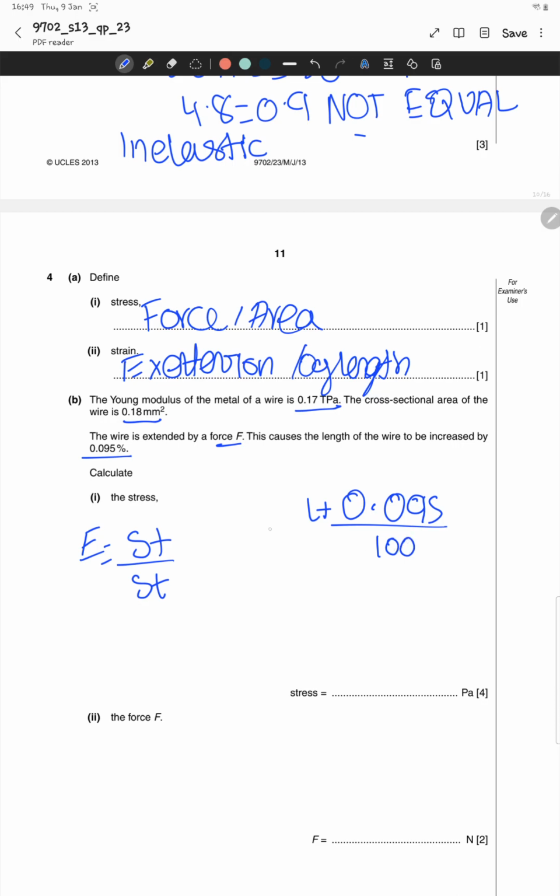So this is the new length, and obviously if you want to find the extension, then you just minus the original one. If you minus L out of this, you'll just get the extension as this. Wait, what am I doing?